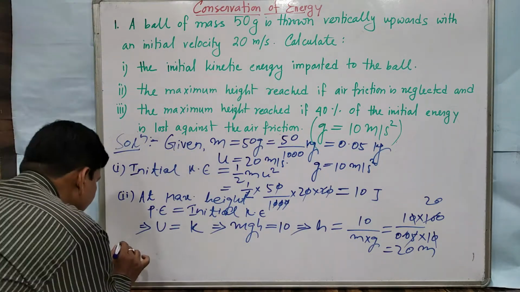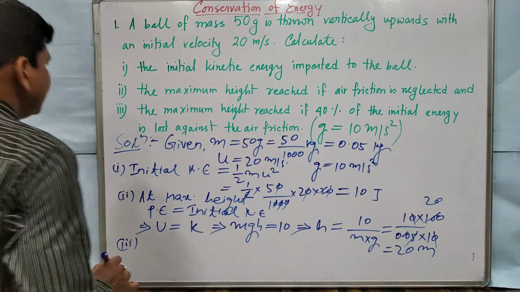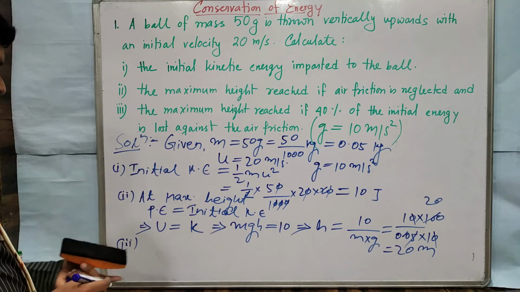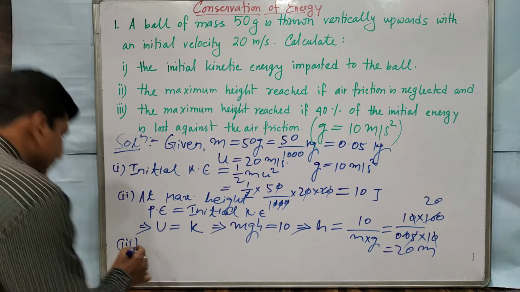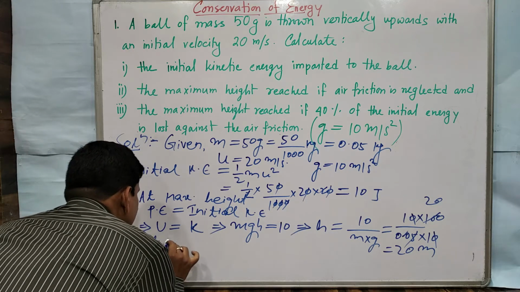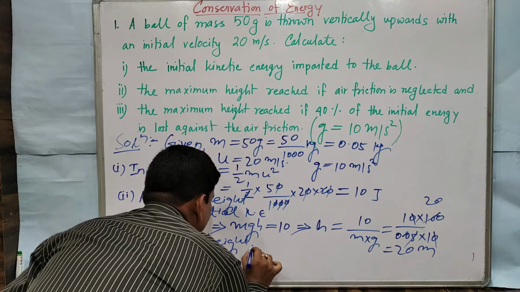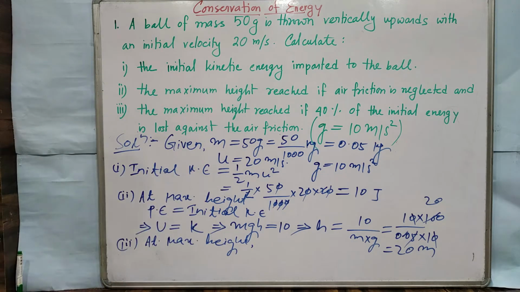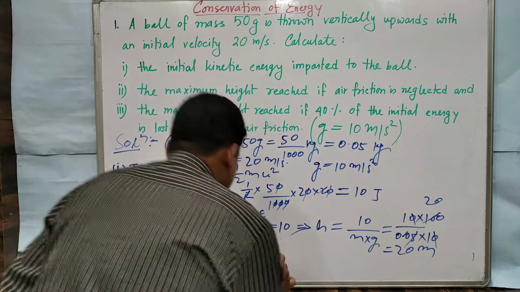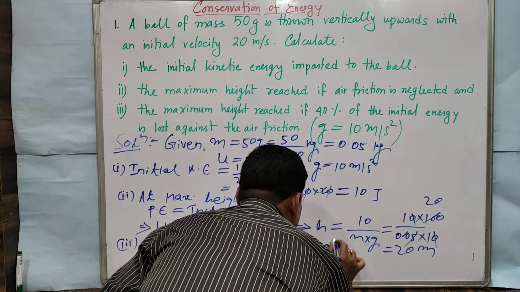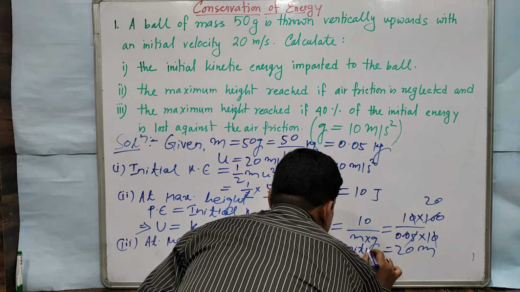So you write down number 3, it asks for the maximum height reached again. Same thing, you write at maximum height, the potential energy is equal to 60% of the initial kinetic energy.